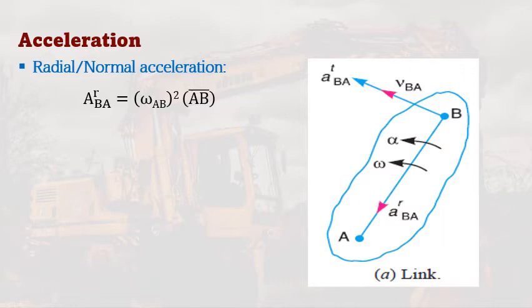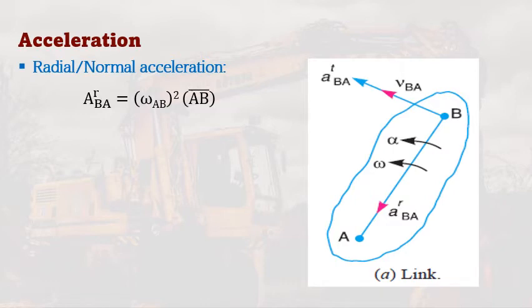It has an angular velocity represented by omega in rad per second, and an angular acceleration represented by alpha in the figure. So we have here omega, and then we have here alpha. The direction is the same, meaning point B would rotate counterclockwise.